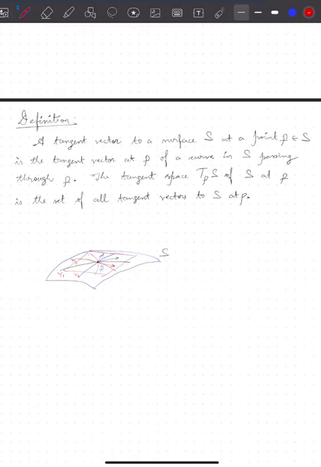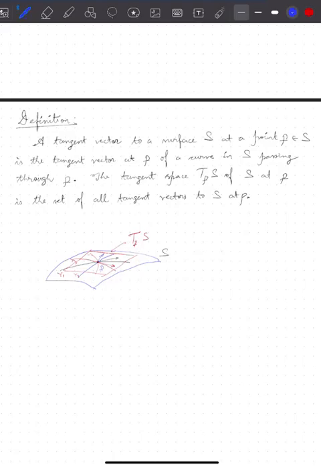All of these infinite curves' tangents will be contained in this plane, which passes through P. And this is called T_P S, the tangent plane of the surface S at the point P vector.